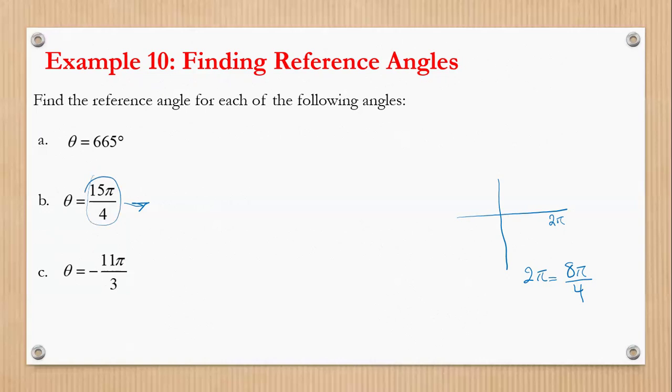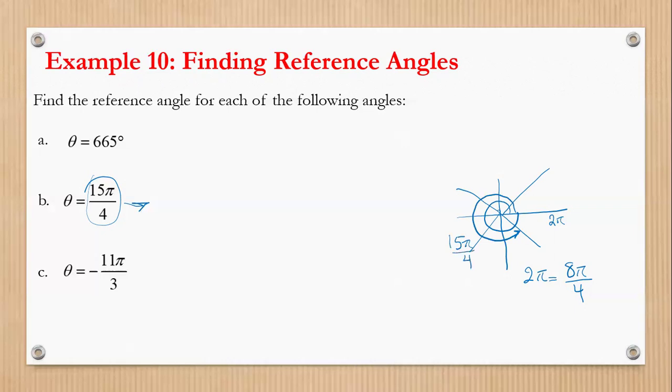It's on the second rotation. It has 7 pi over 4 more than the 2 pi. So after the first rotation, I need to show 7 pi over 4. Each of these lines gives me pi over 4: 1, 2, 3, 4, 5, 6, 7. So this angle is 15 pi over 4.